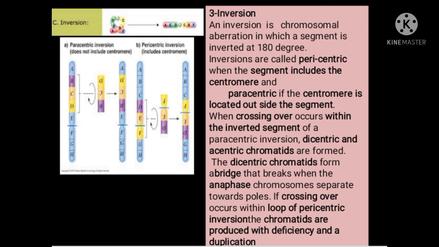When crossing over occurs within the inverted segment of a paracentric inversion, dicentric and acentric chromatids are formed. The dicentric chromatids form a bridge that breaks when the anaphase chromosomes separate towards the poles. If crossing over occurs within a loop of a pericentric inversion, the chromatids are produced with a deficiency and a duplication.